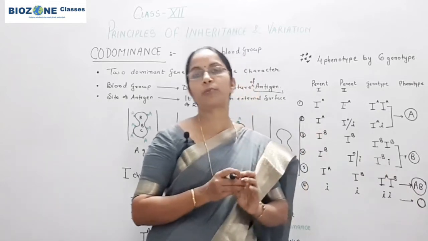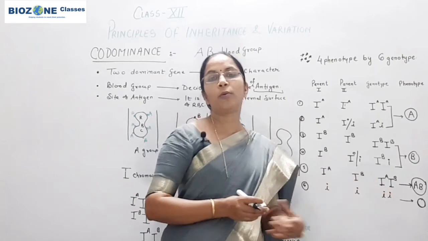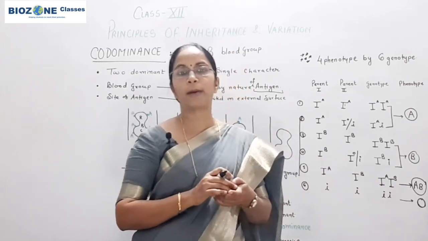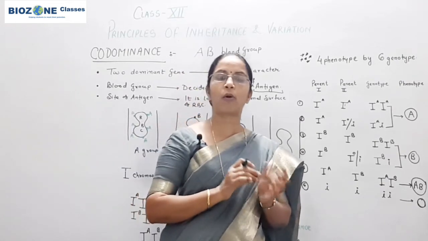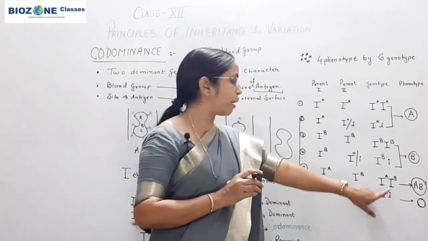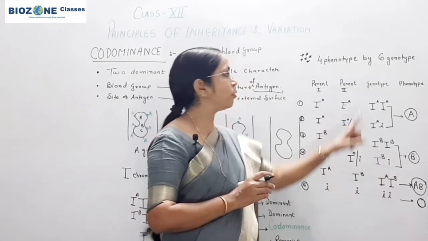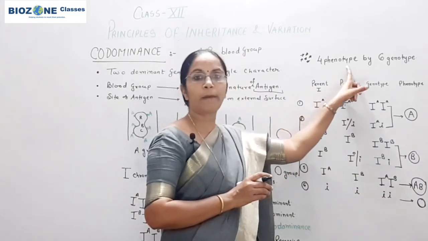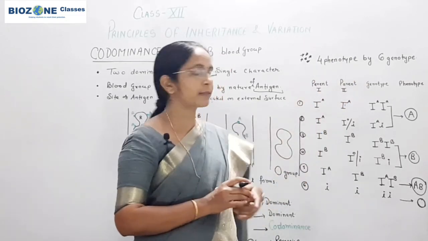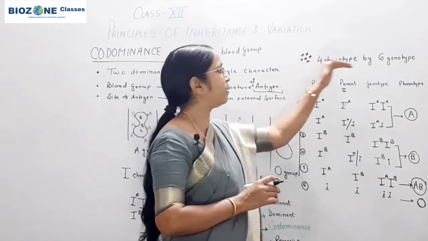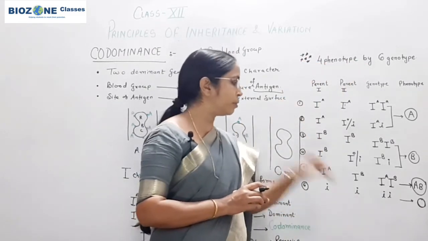Don't be confused with the NCERT table, because for AB also over there 2 conditions are provided. So you simply remember any parent can contribute the A or B gene, but the genotype always remains the same, IA and IB, and that's why you remember the 4 phenotypes in human blood group genetics are expressed by the 6 genotypes.